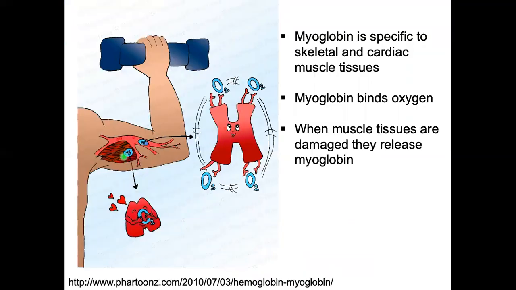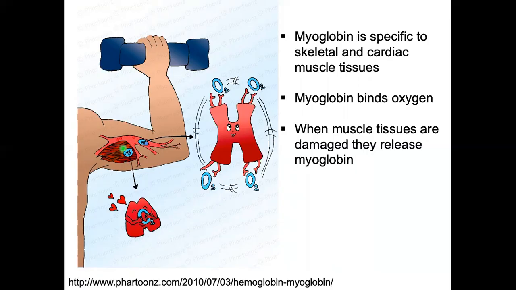Here's a picture of hemoglobin for the red blood cells and myoglobin for the skeletal muscle. Myoglobin is specific to skeletal and cardiac muscle tissue, and it is a protein that binds oxygen better than hemoglobin does. So when the blood flows through the skeletal muscle, the oxygen is pulled to myoglobin.